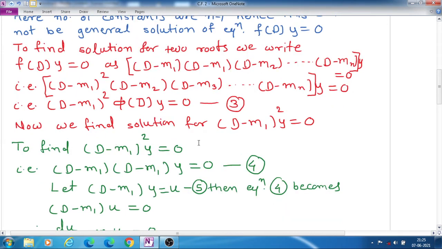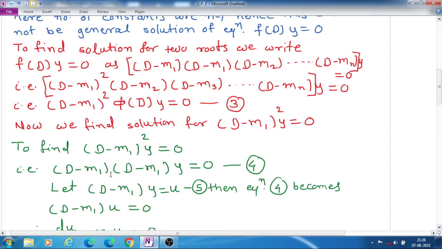Now we find the solution for D minus m1 bracket square into y equal to 0. The phi(D)y equal to 0 is the same as we have seen in the last case, where all these m2, m3, mn are real and distinct roots, so for that we can write the solution.